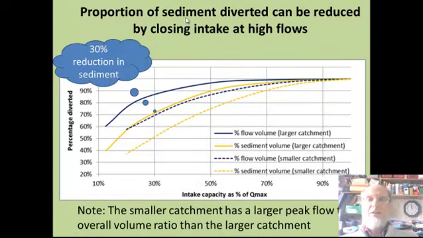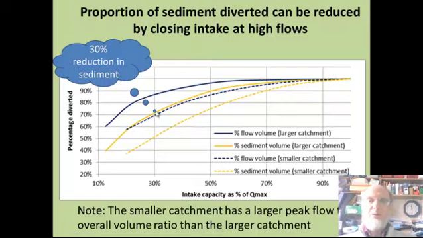This graph is an example of a calculation. We have two different catchment conditions, of larger and smaller catchments. As in my previous talk, a small catchment tends to have a much greater peak to volume ratio on the hydrograph.